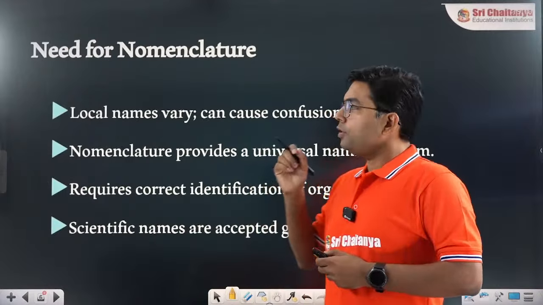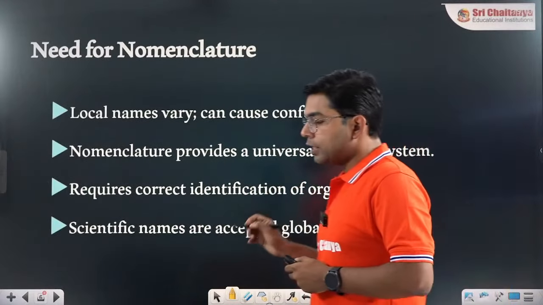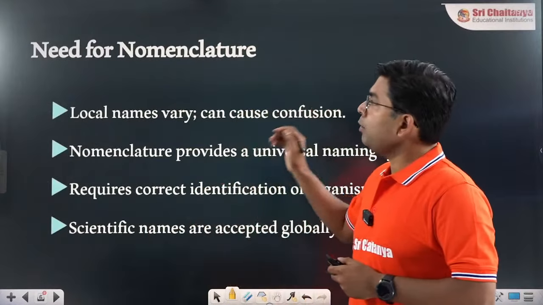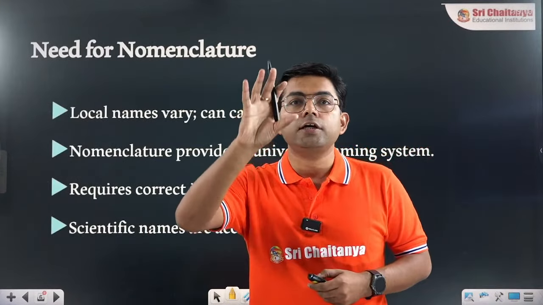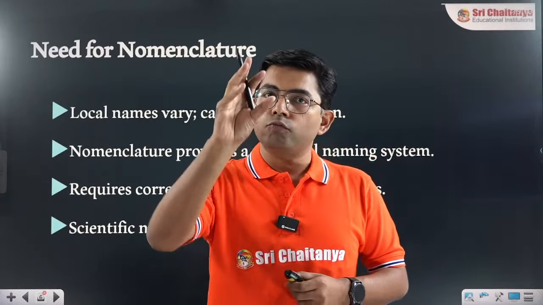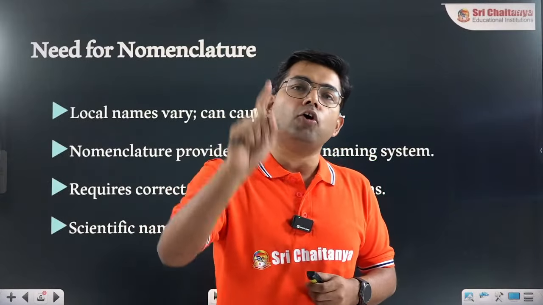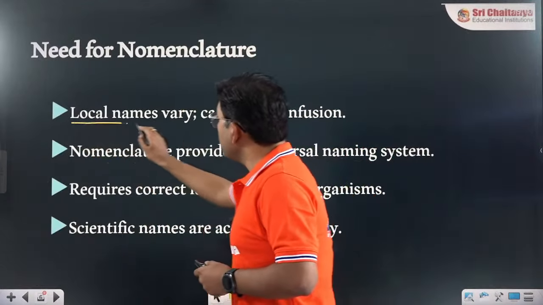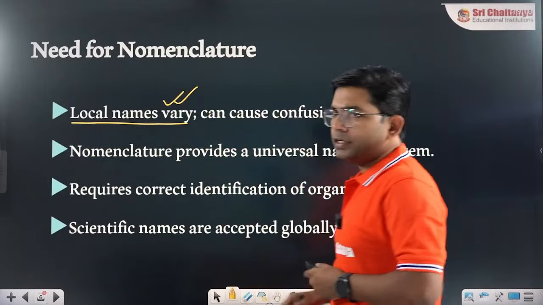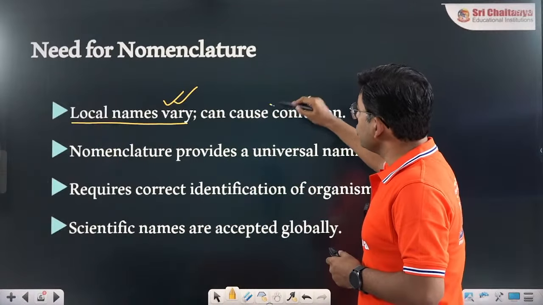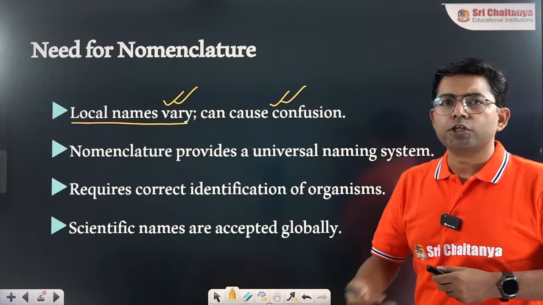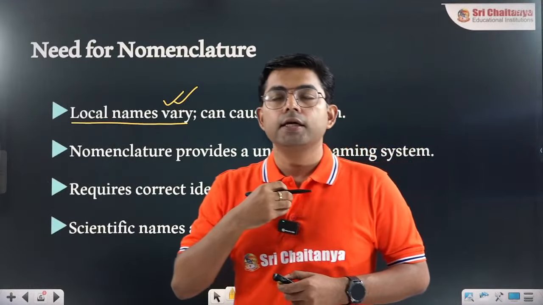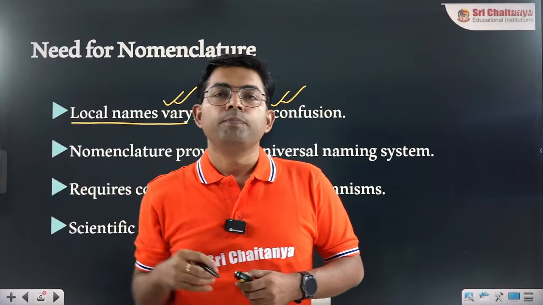So to avoid the confusion, it was very important to have a standard nomenclature, so that one living organism will be called by one name all the time. Local names were different in different regions, and they were also creating confusion in communication. Let's say I want to communicate to some other country.